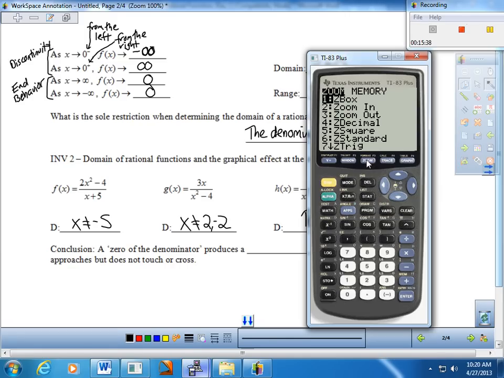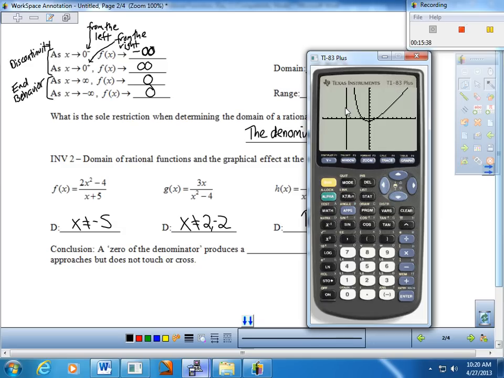All right, I'm going to just do zoom standard again. It's probably not the best window for it, and I see that it's not, but that's all right. It serves our purpose. Here's part of the graph of the function right here, part of the hyperbola, and then another part is somewhere probably over here, give or take, and it's just tough to see with this particular window. But again, irrelevant. On the 83s, they actually do pop up. If you have an 84, you probably don't see it, but it is still there.